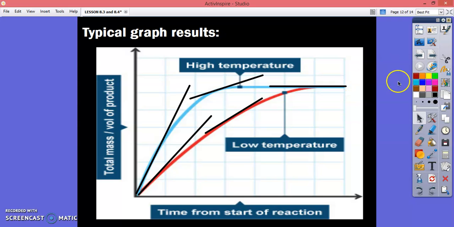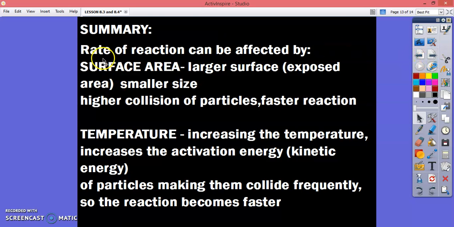That is how we are going to analyze the effect of temperature and surface area. So for summary, the rate of reaction can be affected by surface area. The larger surface area or larger exposed area, by making the size of the solid reactant smaller, increases the chance of collision of particles, making the reaction faster.